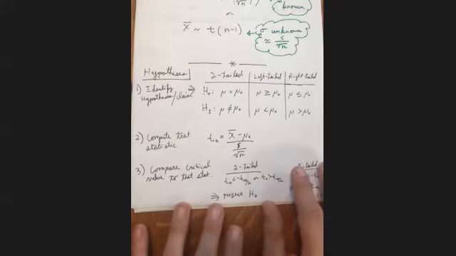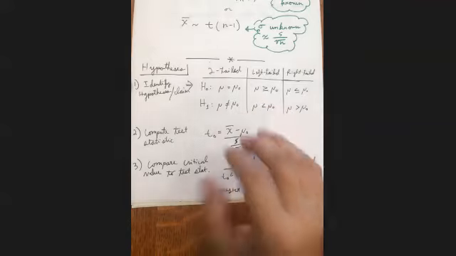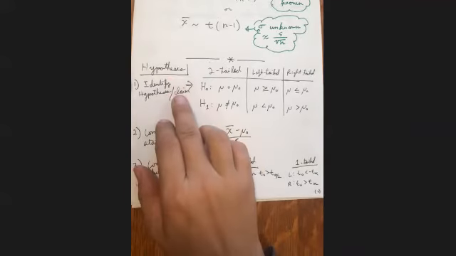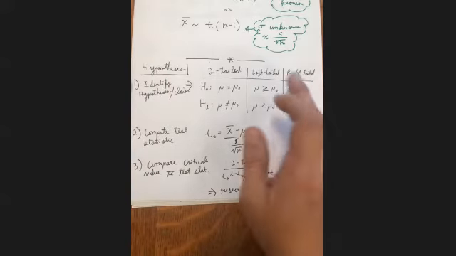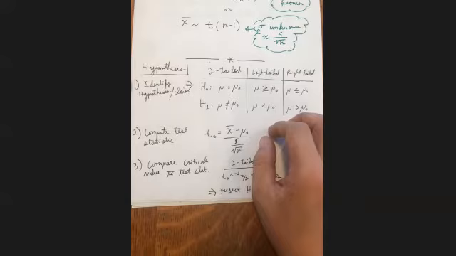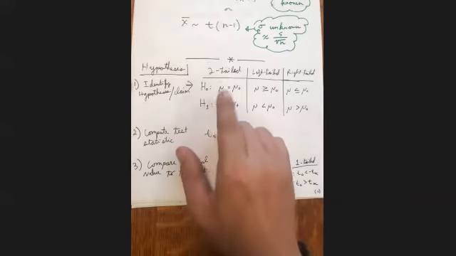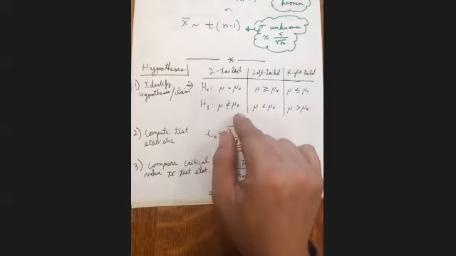Now, to go over what we're generally doing here, what are the steps in general? First, we identify the hypotheses and the claim. For the population mean, you could have a two-tailed, a left-tailed, or a right-tailed test, right? For the two-tailed, the null hypothesis is mu equals mu naught, whereas the alternate is mu is not equal to mu naught.